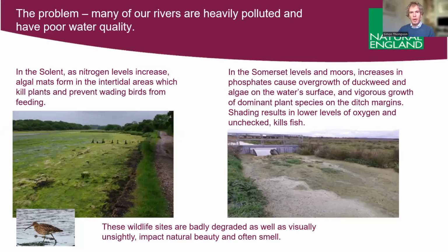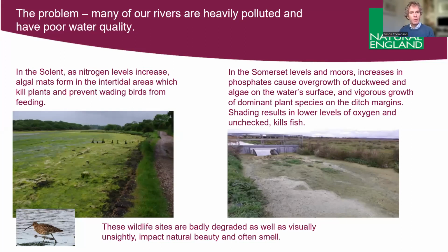As I'm sure you'll know, the issues that we're primarily talking about when we talk about nutrient neutrality are excessive levels of nitrogen and phosphorus in the water environment. So I've used some examples here just to illustrate some of the issues that can cause.